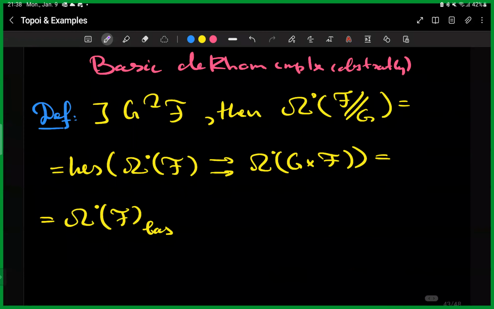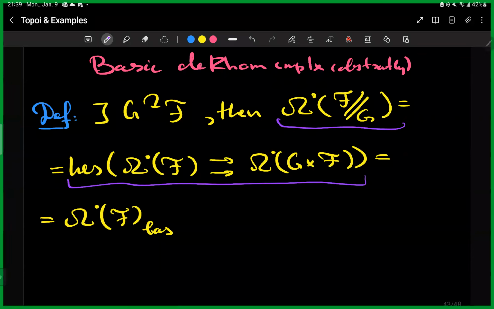Okay. But actually, there is a way to describe the de Rham complex in a very particular case, or for a very particular simplicial presheaf, in geometric terms. If we have an action of a Lie group G on a sheaf F on manifolds, then we can describe the de Rham complex of the quotient as the kernel of the following map, or as an equalizer.